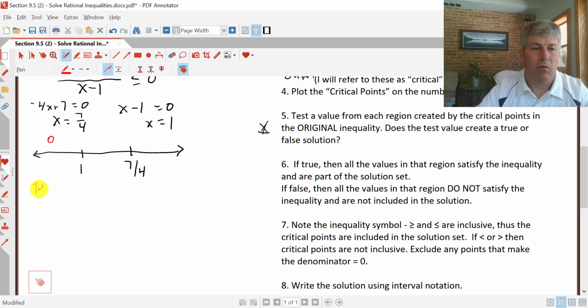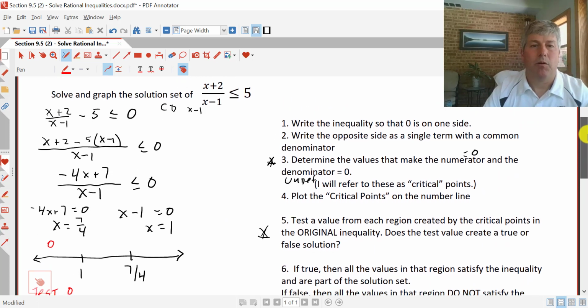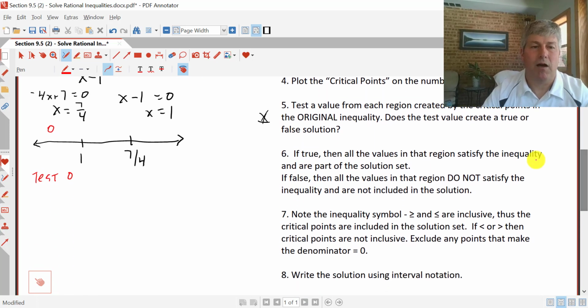So if I test 0 for x in my original inequality, (x + 2)/(x - 1) is less than or equal to 5, I'm just going to get 2 over -1 is less than or equal to 5, and so I get -2 is less than or equal to 5, and that is true.